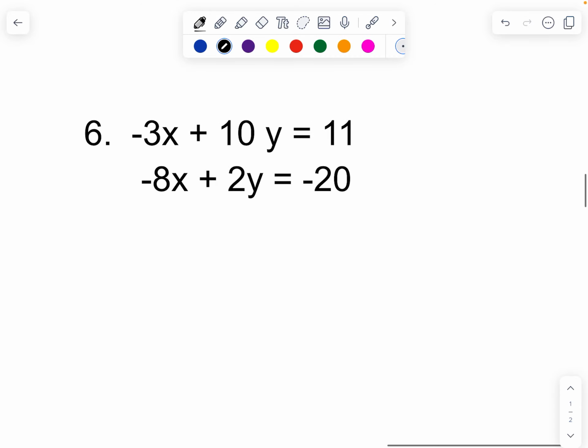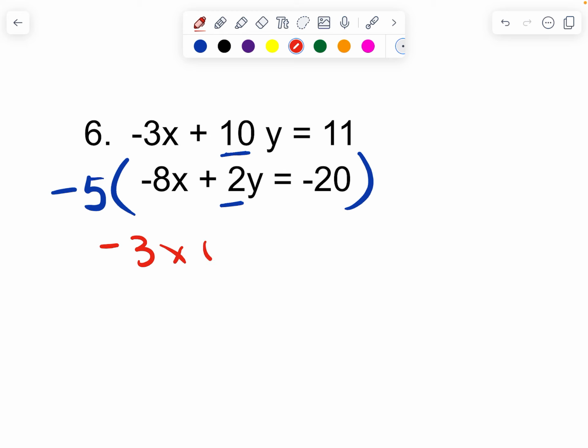Okay, so I'm going to look at this one. 3, does that go into 8? Nope. So I have to look over here. Does 2 go into 10? It does. It goes in 5 times. But we want them to be opposites of each other. So I'm going to multiply this one by -5. So I write the first equation, -3x plus 10y equals 11.